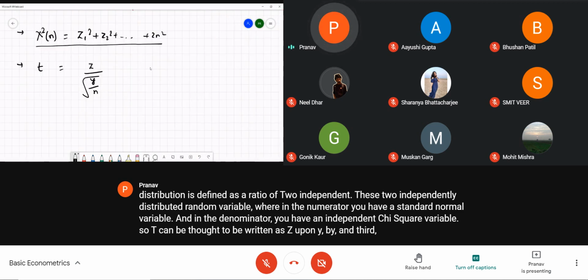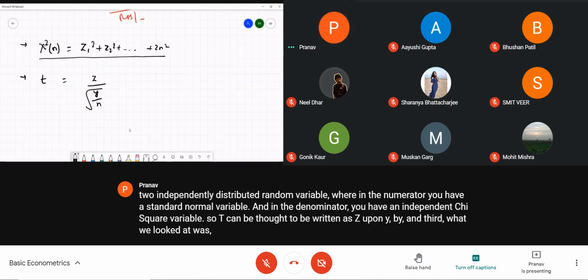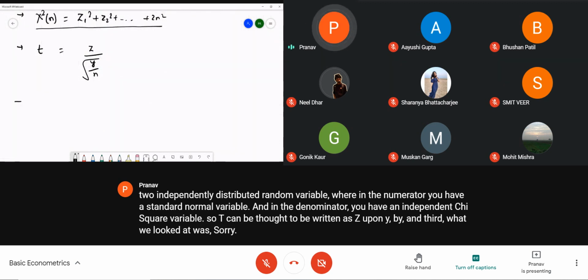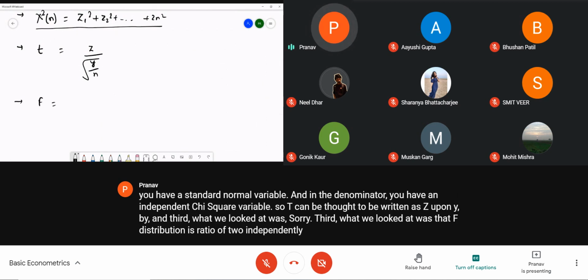Third, what we looked at was that the f distribution is a ratio of two independently distributed chi-square variables.